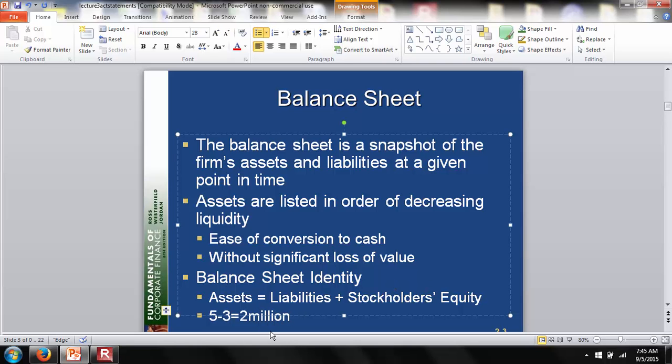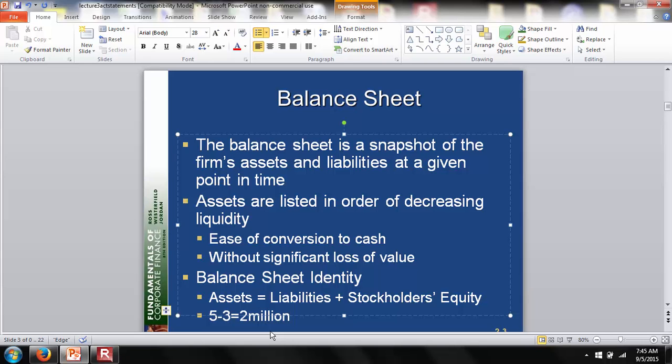Okay. Now if the firm had owed $5 million in liabilities, then the stockholders equity would be 0. If the firm owes $6 million, again stockholders equity is 0. So what we are trying to say here is that stockholders get paid only after everybody else has been paid.